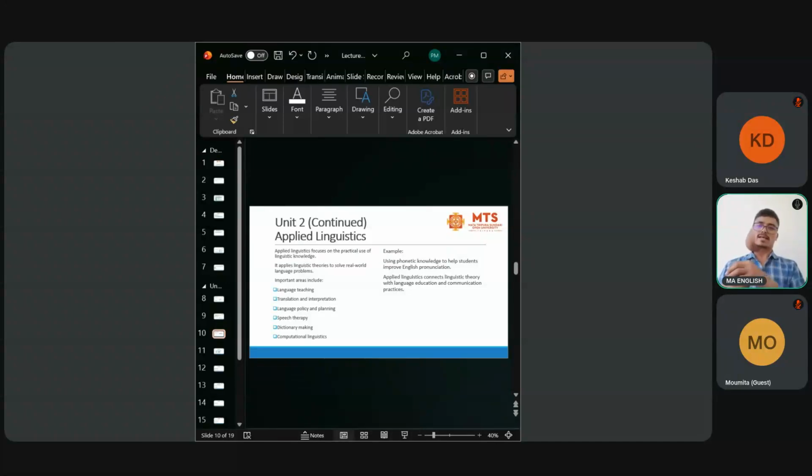Applied linguistics has deeply shaped the way English and other languages are taught in schools and universities around the world. Insights from phonetics, morphology, syntax, pragmatics are all used to develop better teaching methods, better textbooks, more effective classroom strategies.